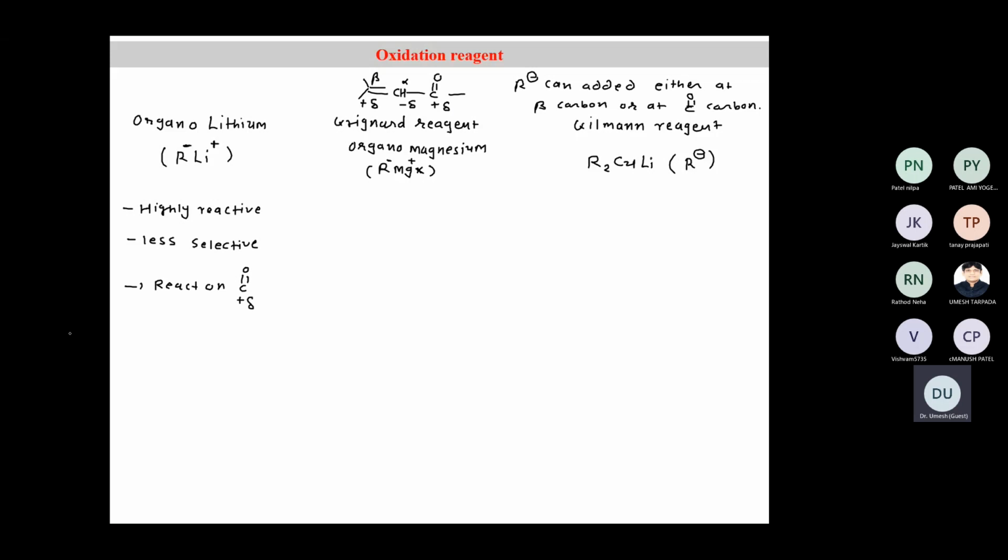For example, if you have CH2=CH-C(=O)-CH3 and you do the reaction with methyl lithium, then CH3 minus is added at the carbonyl carbon.